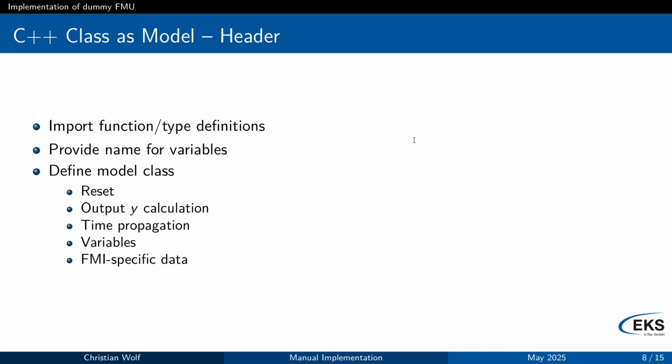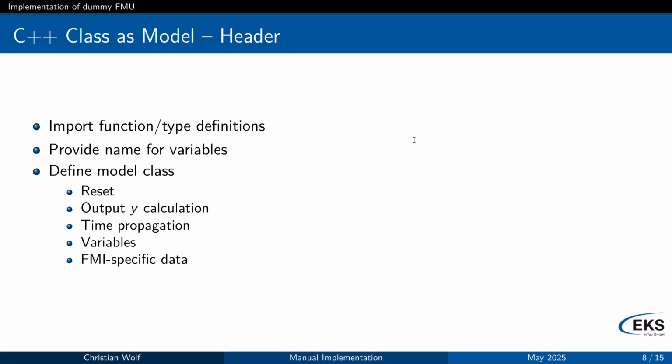The C++ implements just a class. C++ defines a header and an implementation part, and the header itself is rather simple. We have the imports for all kinds of headers.